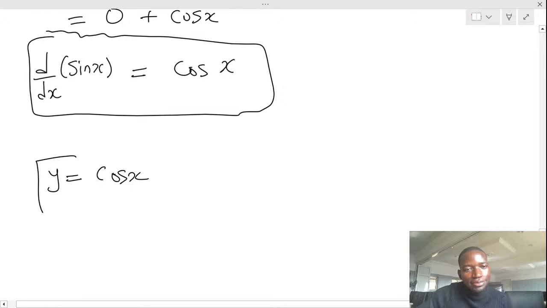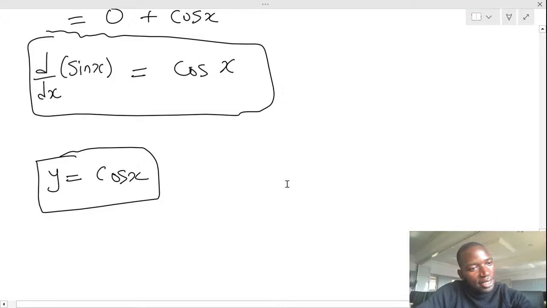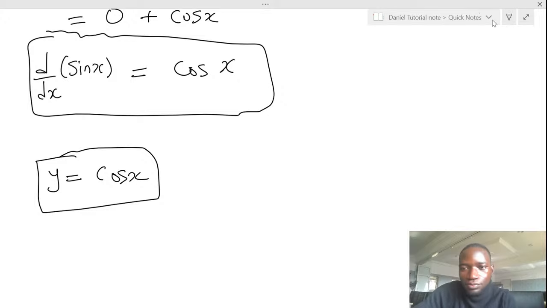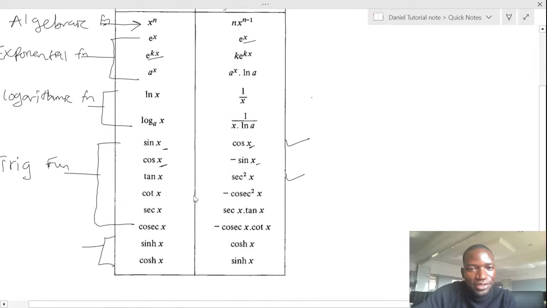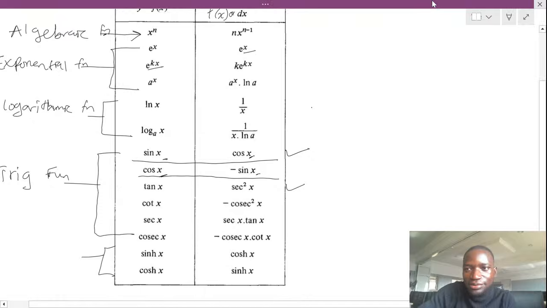You can use this same first principle and you get the answer. I just showed us in standard coefficients that if you differentiate sine x, can you see it here? You're going to have cos x. Now differentiate cos x and you get minus sine x. Okay?